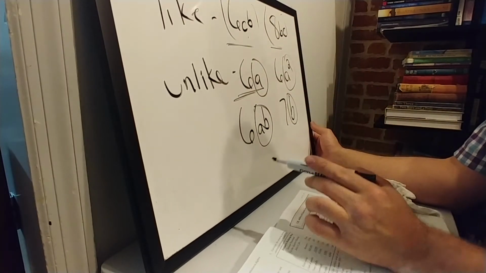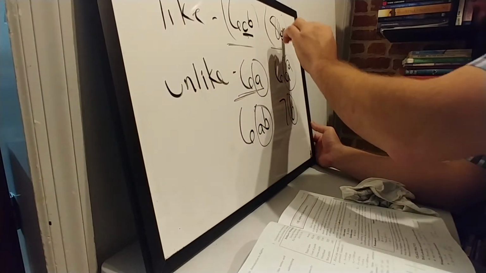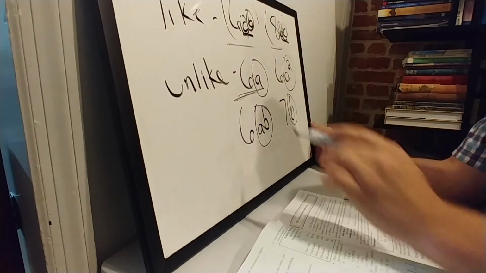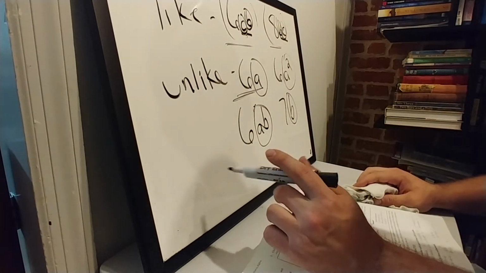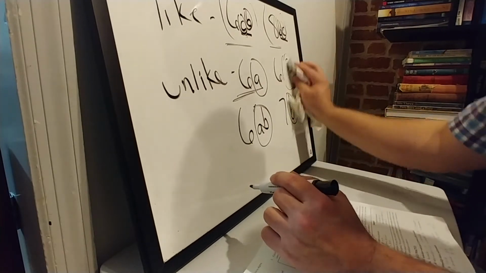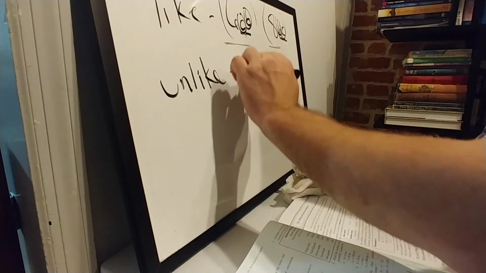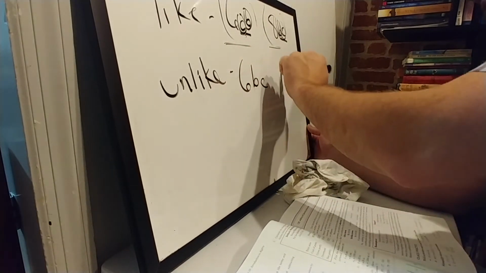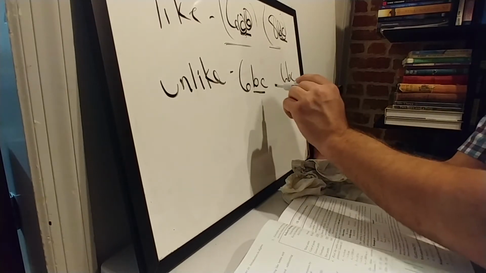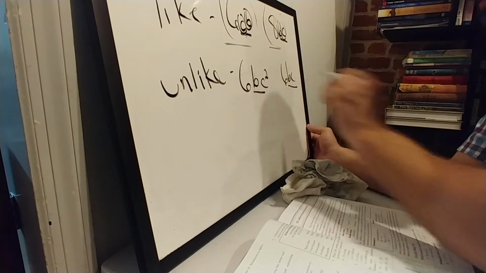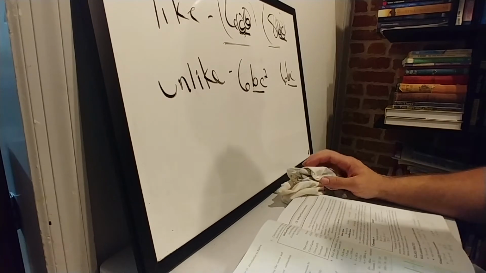They're probably not going to do this to you, but if it has C times B and B times C, that's the same. So they're technically like terms because they have the same literals. But if you have 6BC and 6BC, these are like. The literals are the same. If you do something as little as put an exponent on C, they are now unlike. You can't combine them.